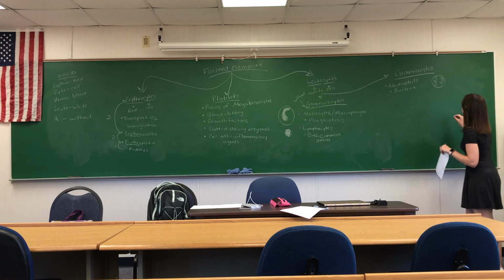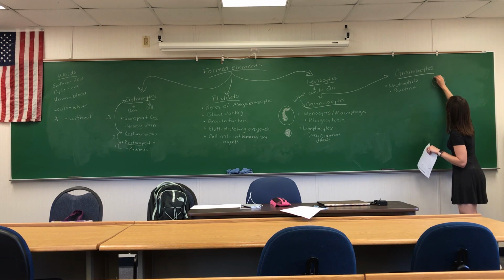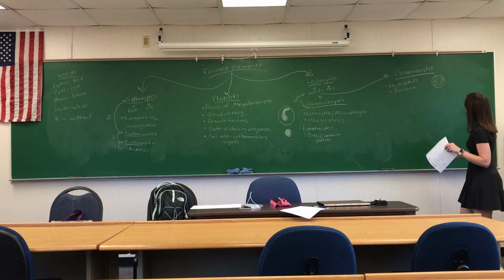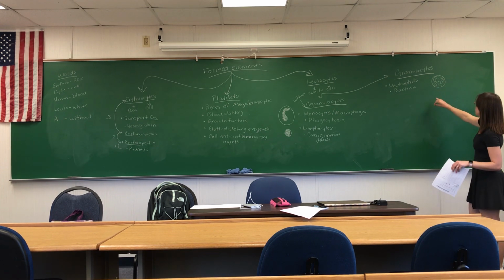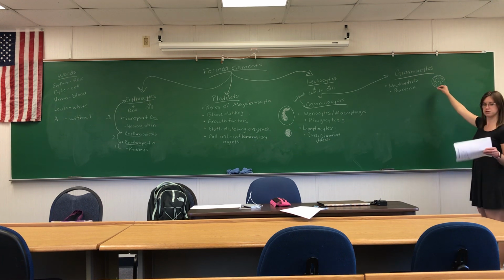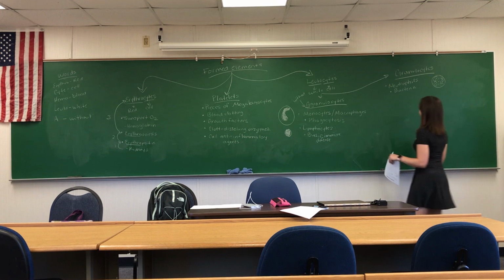So there's not usually just one, and then they have granules all over. So if it's a granulocyte, and it has kidney bean shaped nuclei and there's a lot of plasma, then it's probably a neutrophil.